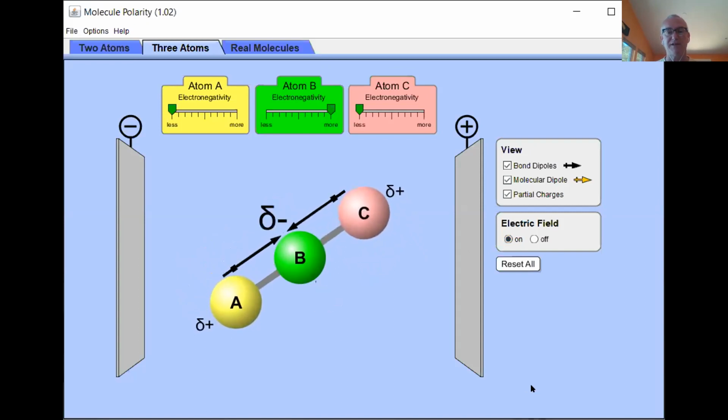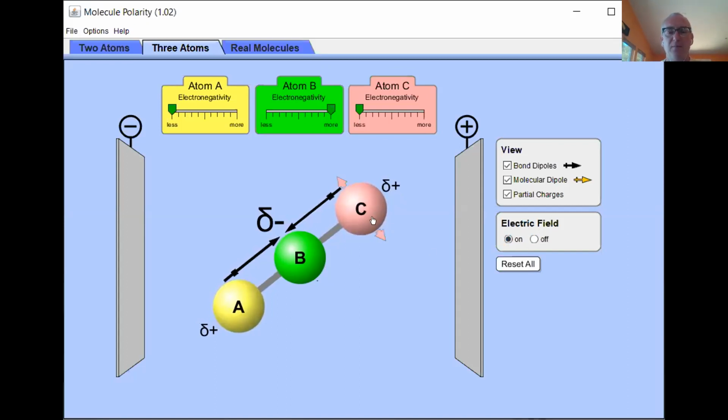Here we go. Now I've got them completely opposite. Notice it's not polar. I can spin this around all I want and it will not change. So the electric field can be on or off. It stays in the same orientation because it's symmetrical.